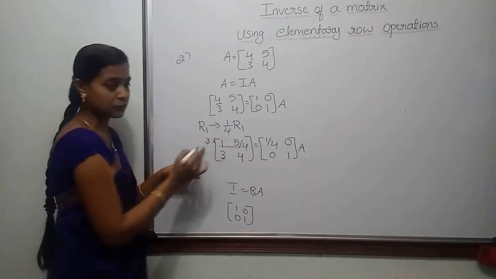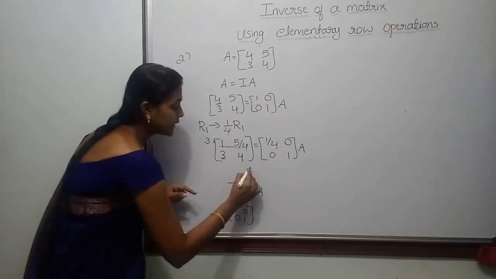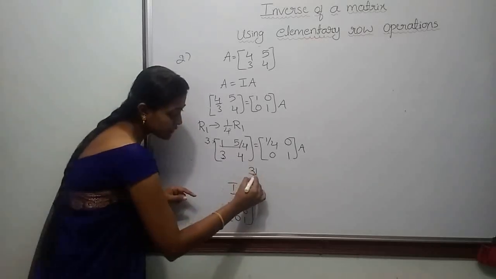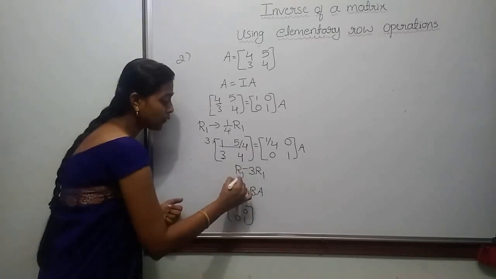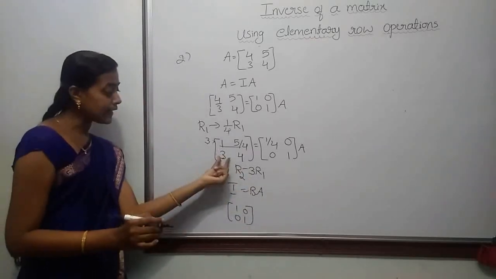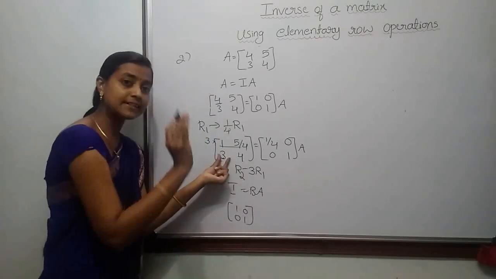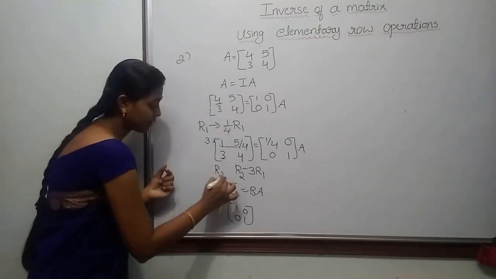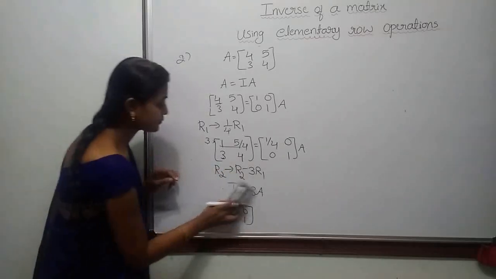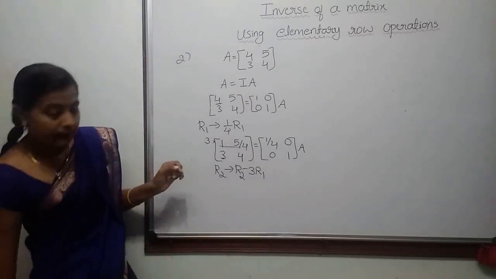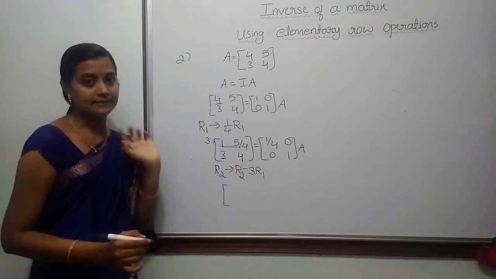Multiply 3 to the first row and subtract this result from the second row. We have to make the element lying in the second row 0, which means we are changing the second row. Write the result in the second row. We are changing the second row. Keep the elements of the first row as they are.